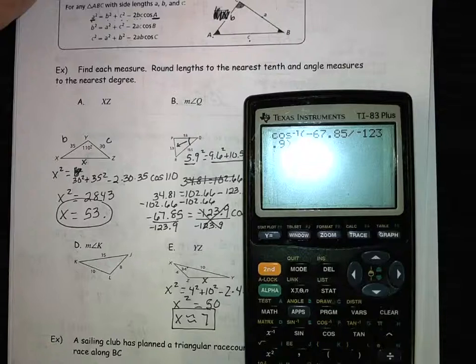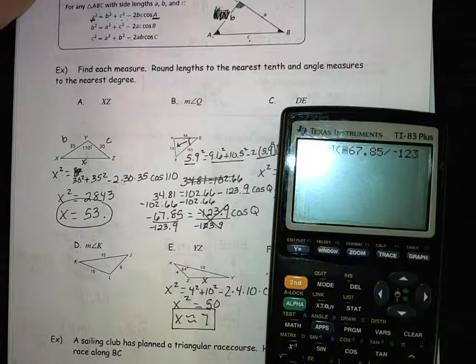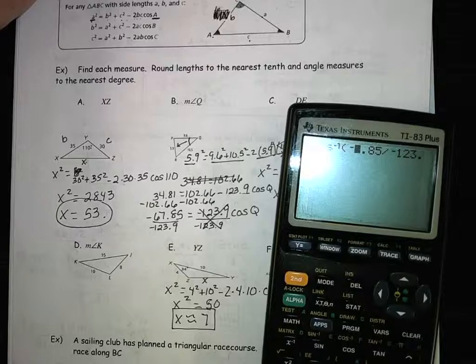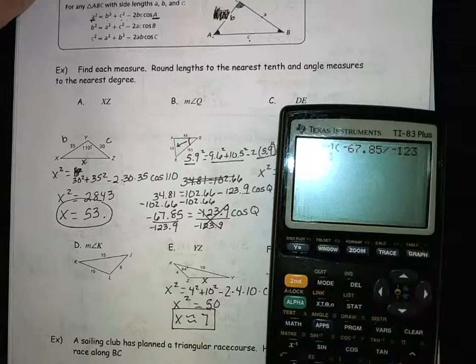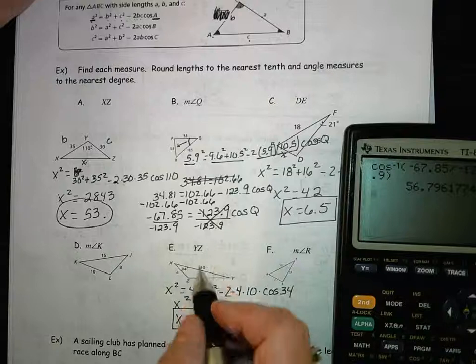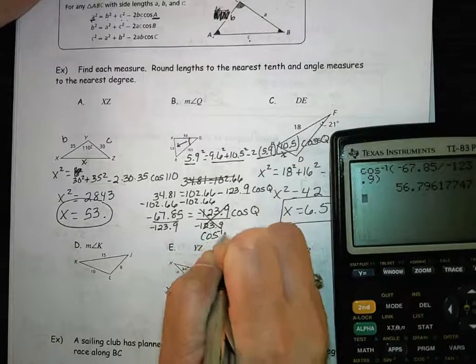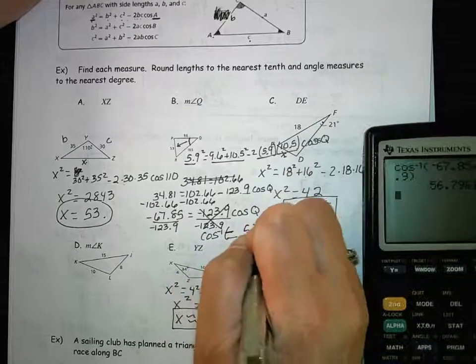I divided these two and did the inverse cosine, and I get an error. Oh, I think I did a subtract rather than the negative there. Okay, now let's try this. 57.79. So that tells us that that angle, when we did the inverse cosine, equals 57 degrees.